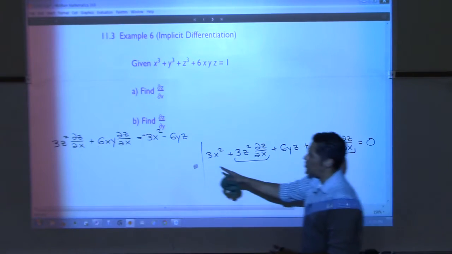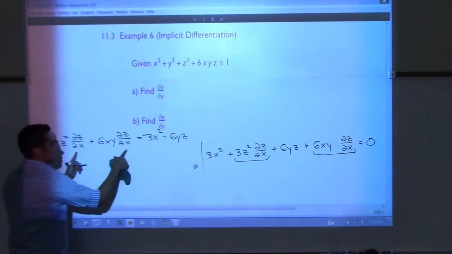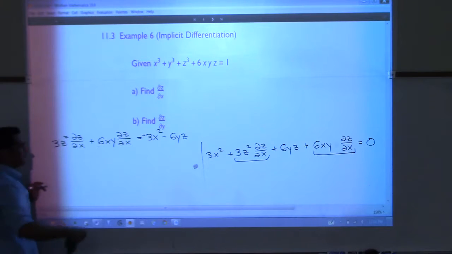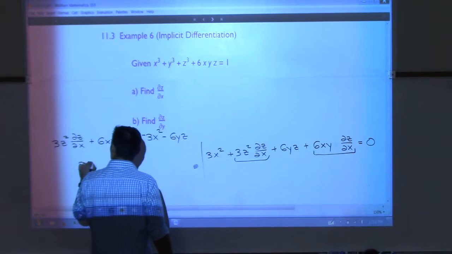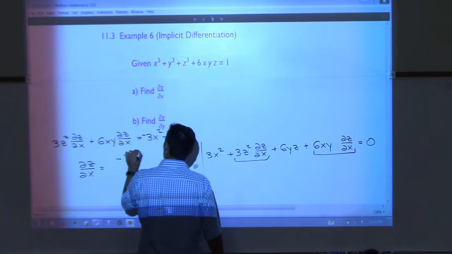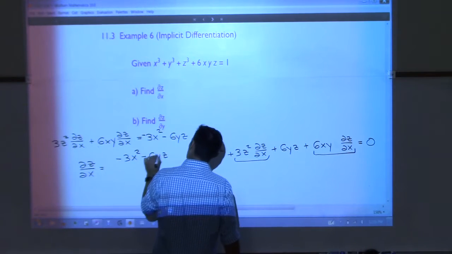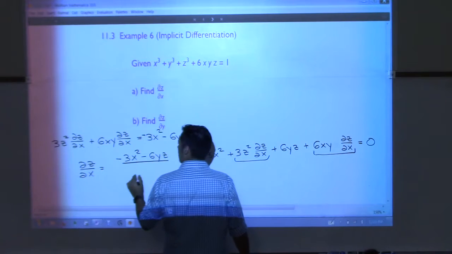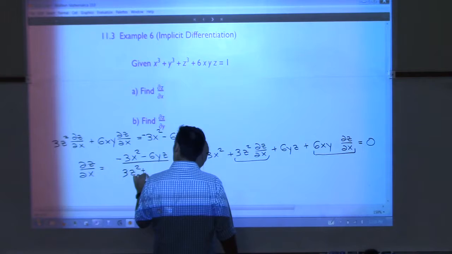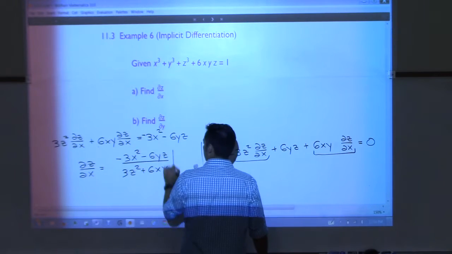When I factor this partial out of these, it comes out, put parentheses, and then divide through by all that stuff. So I'm going to just write the answer now. It should be negative 3x squared minus 6yz over 3z squared plus 6xy. There it is.